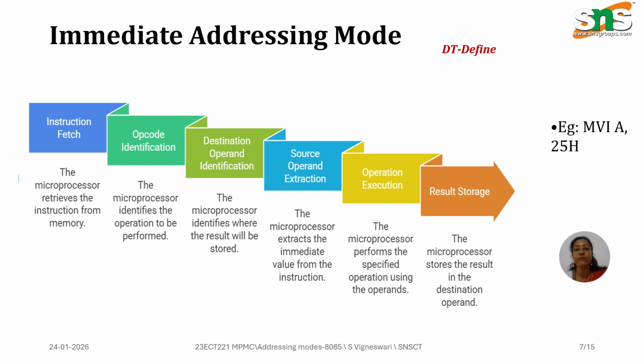Here 25H is the immediate data that is to be loaded into the accumulator. This mode is fast because no additional memory access is required, but it is limited to small data values. So this is how the immediate addressing mode functions.